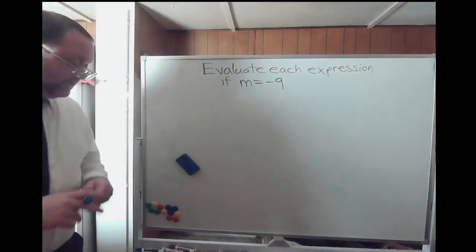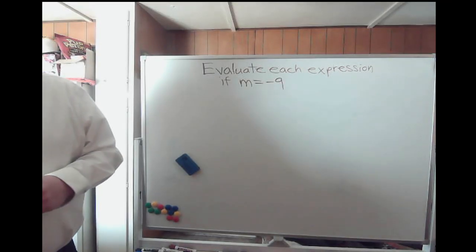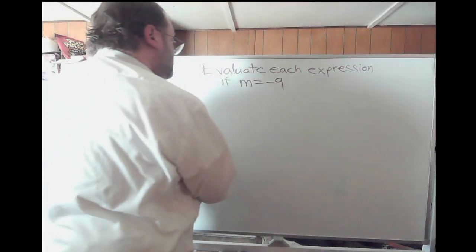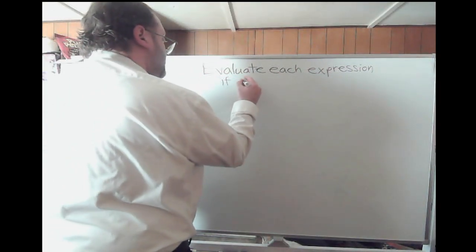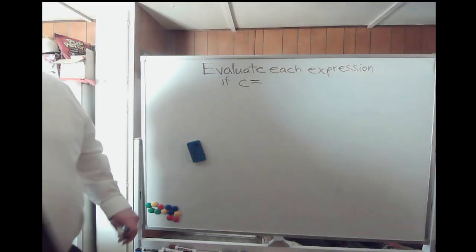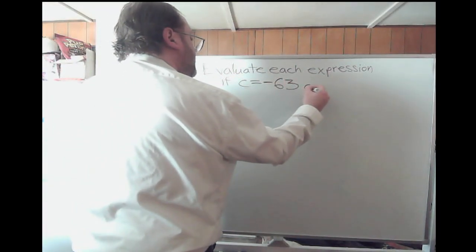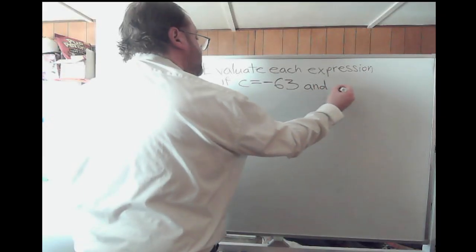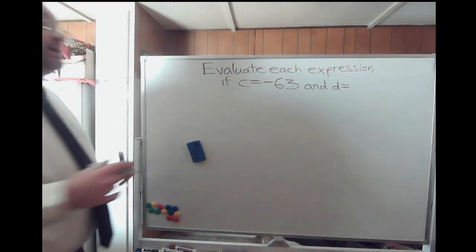Any others I would like to do? All right, let's see. If C equals -63 and D equals -7.